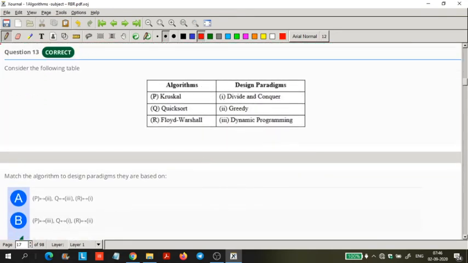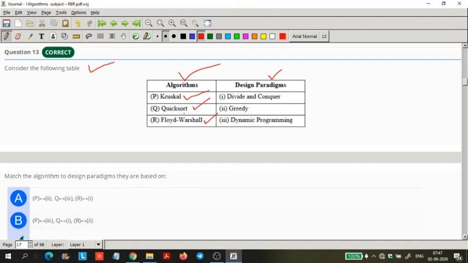Next question. Consider the following table, with the algorithms and the design paradigms. The algorithms are Kruskal's algorithm, quicksort, and Floyd-Warshall. If you know at least two, you can match these algorithms to the design paradigms.